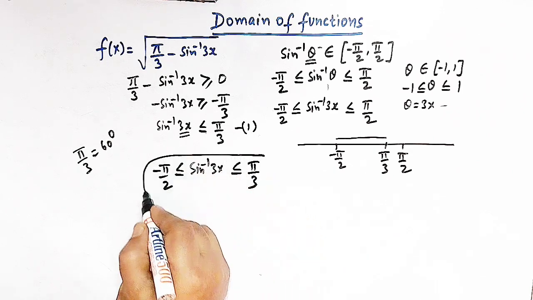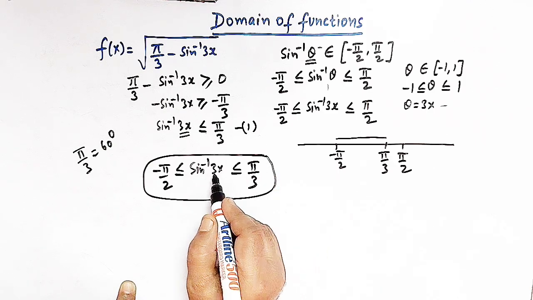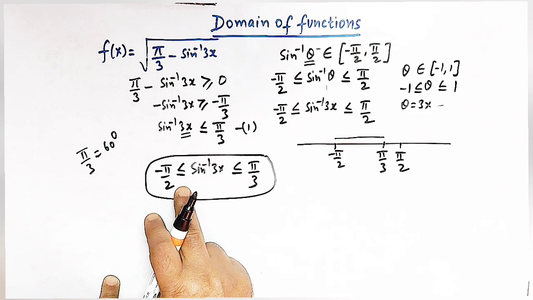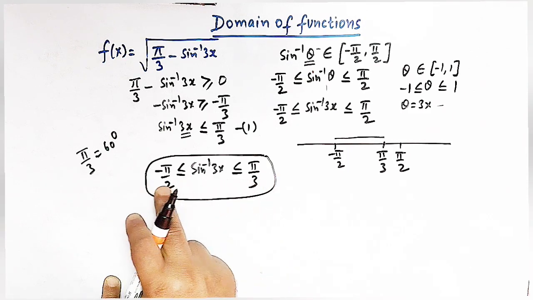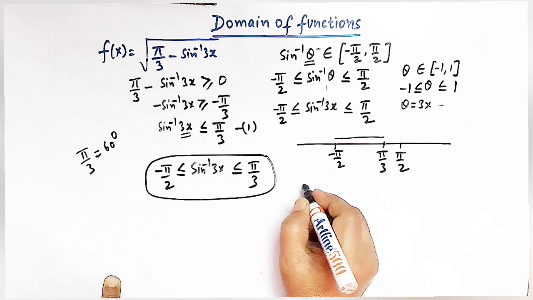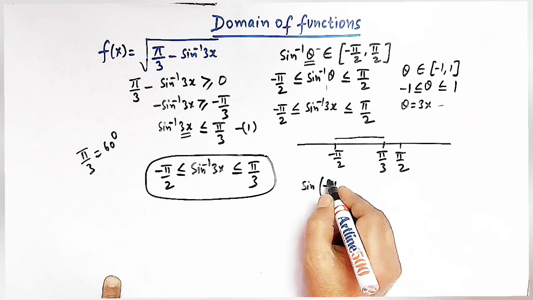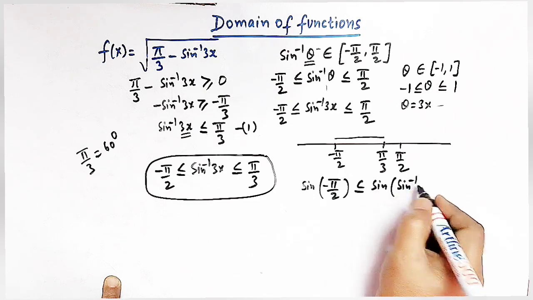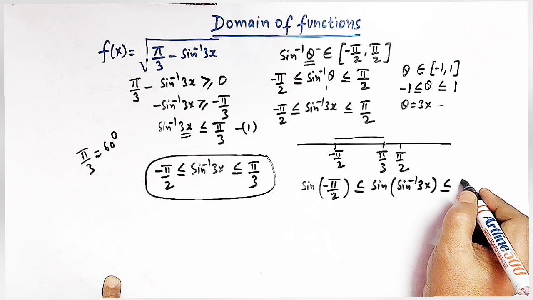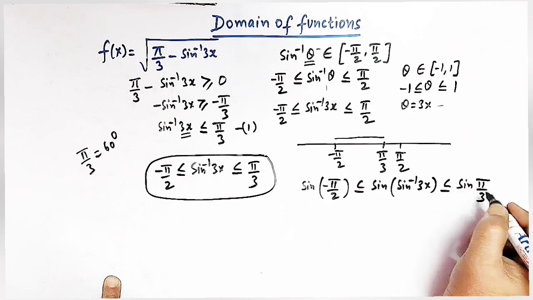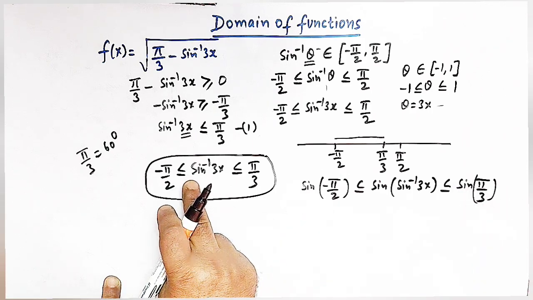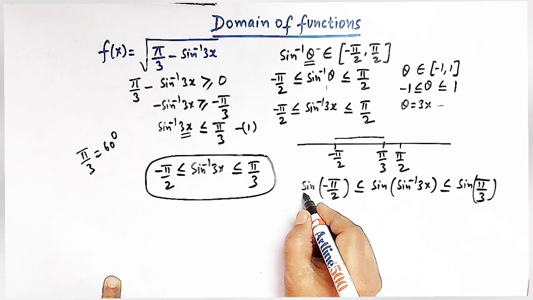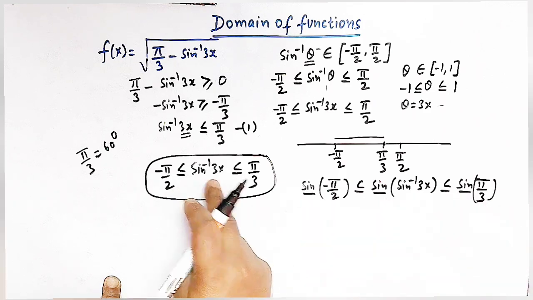Now from this inequality, we have to find the interval for x. Taking the sine of all these three quantities, we have sine of minus pi by 2, sine of sine inverse 3x, and sine pi by 3. What we have done here, in order to remove the sine inverse, is to take the sine of all three quantities.